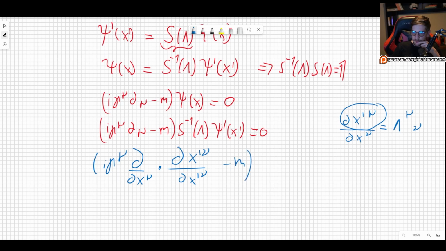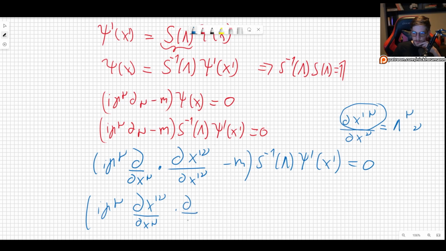Now we have minus m, and this hasn't changed. Now let's rearrange our derivatives. On the left-hand side I will put dx prime^nu over dx^mu, and then on the right side I will put d/dx prime^nu, and then of course everything else: minus m, S^-1(lambda) psi prime of x prime equal to 0.